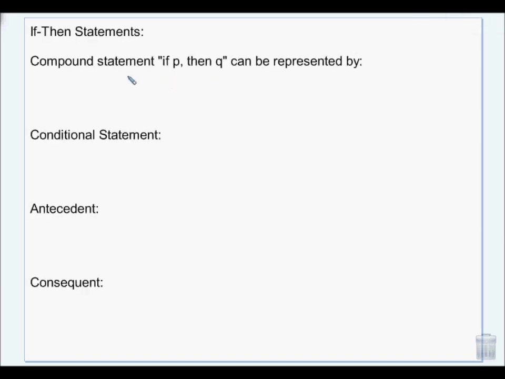Okay, if-then statements come up a lot in math, okay? And so if you're saying if P then Q, it's symbolized by a single arrow. And you'll see that when I've been writing any arrows in class before, I do this, like a double arrow, so as not to be confused with this. This means if P, then Q. Okay.